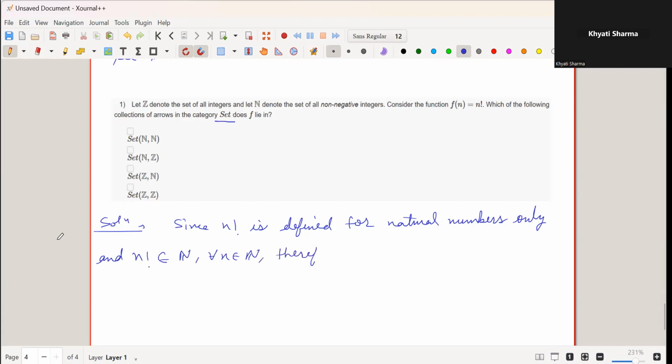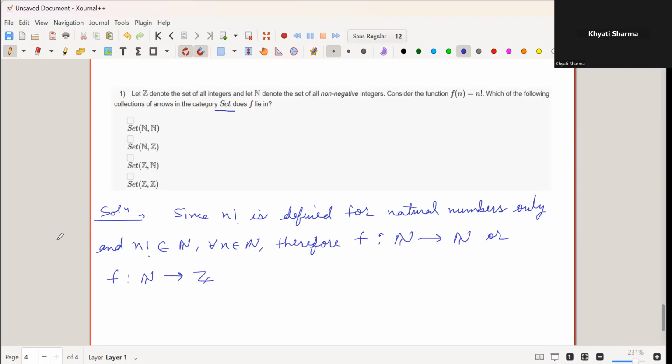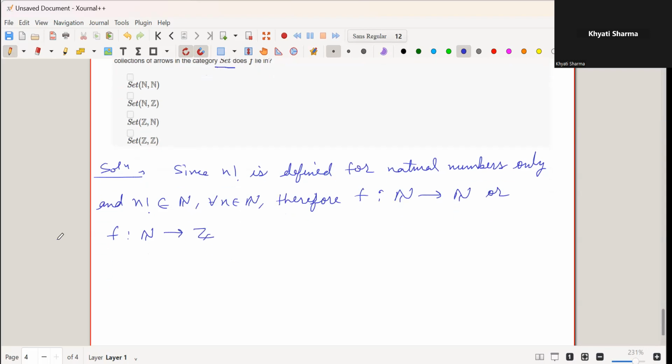Therefore f is from N to N, or you can enlarge your domain and f is from N to Z also, you can write. Okay, because something lying inside N will also lie inside Z. Nothing is a problem.